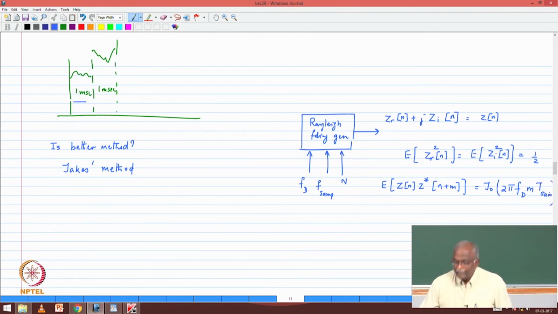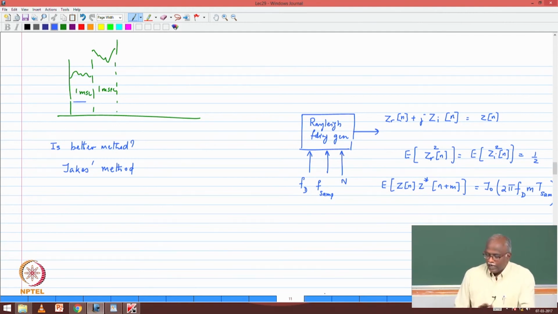Don't forget that m is just an index, but in order to show the extent of the correlation, it has to be a time variable, and therefore m samples is nothing but m times T samp in seconds. Okay. Now these properties should be satisfied, and we should get a box, and basically the Jakes method is one that tells us how to get such a box and how to generate that.